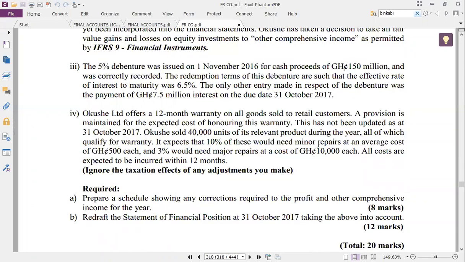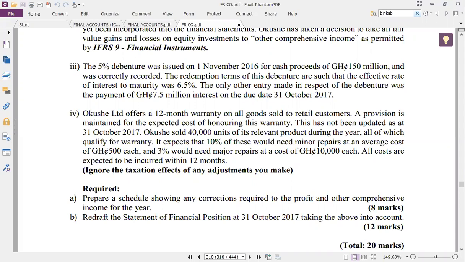The other one, let's go to note 3. The 5% debenture was issued on 1st November 2016 for a cash proceed of what? 150 million. And was correctly recorded. Fine. The redemption terms of this debenture are such that the effective rate of interest to maturity was 6.5%.